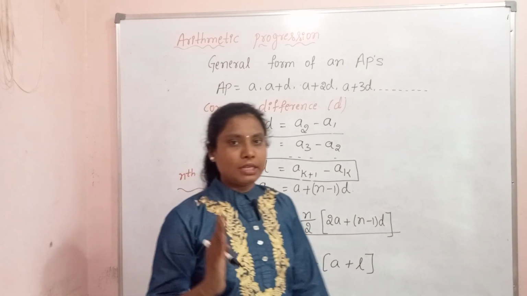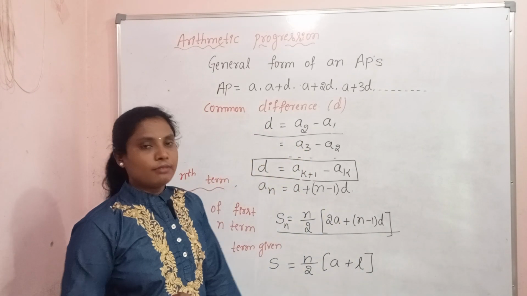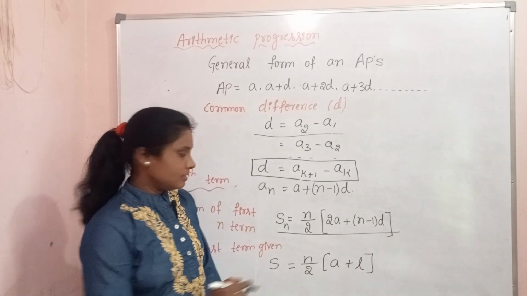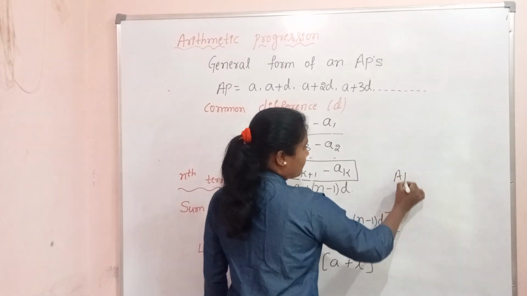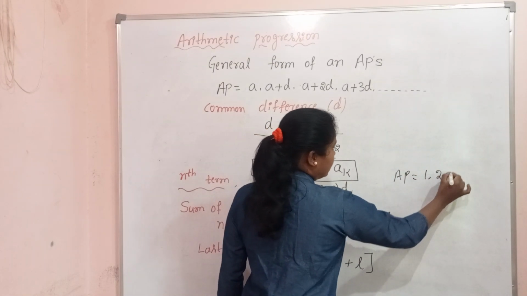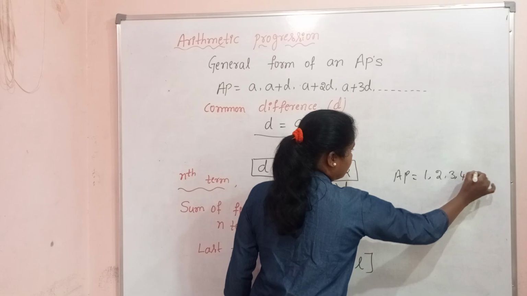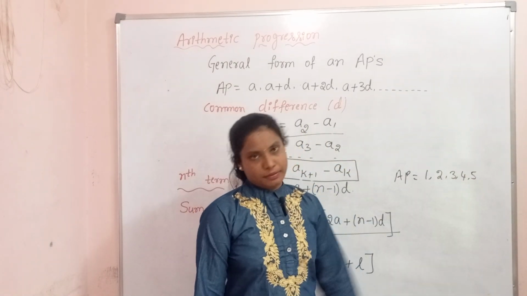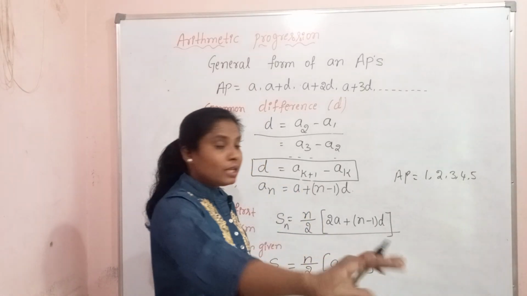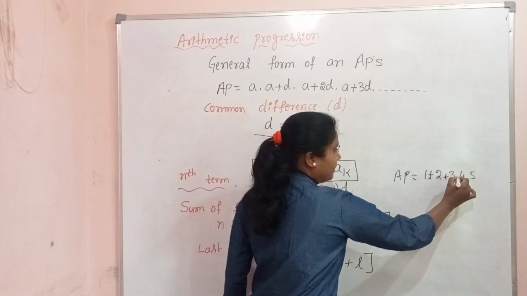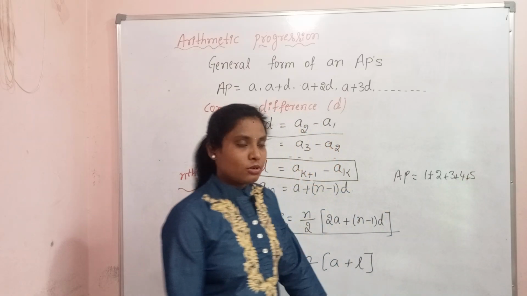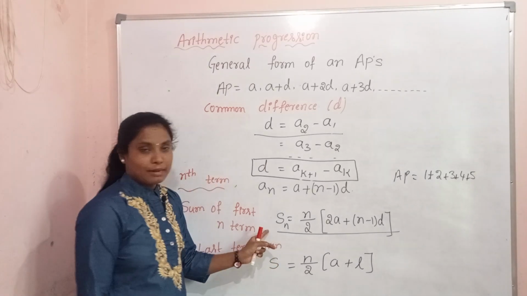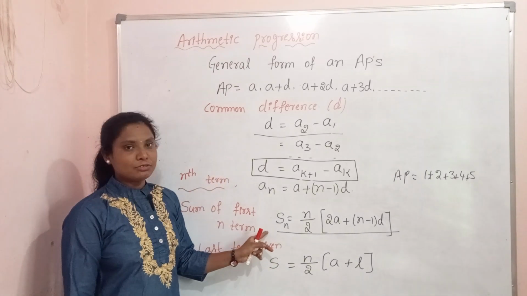For example, suppose an AP consists of 5 terms: 1, 2, 3, 4, 5. So how many terms are there? 1, 2, 3, 4, 5. If you add all of these, 1 plus 2 plus 3 plus 4 plus 5, that time if you find the sum, we are applying this formula.